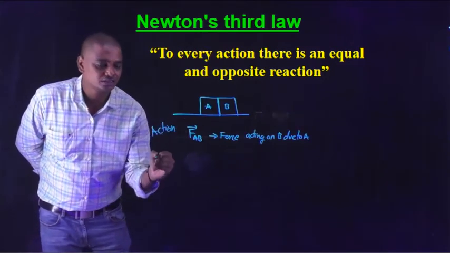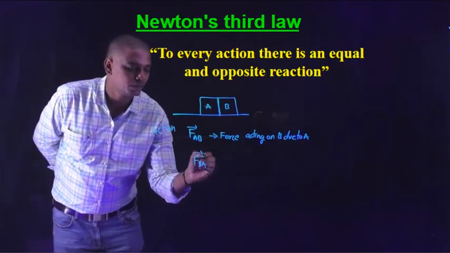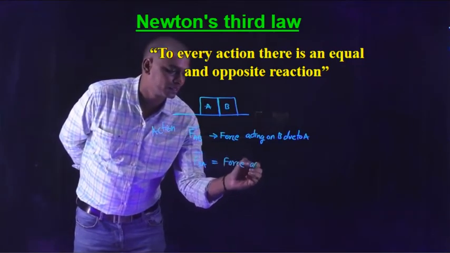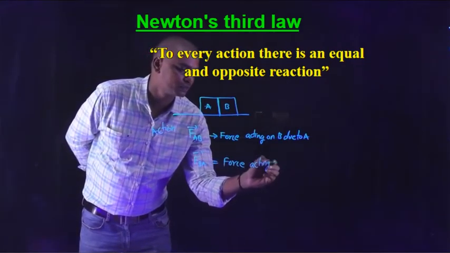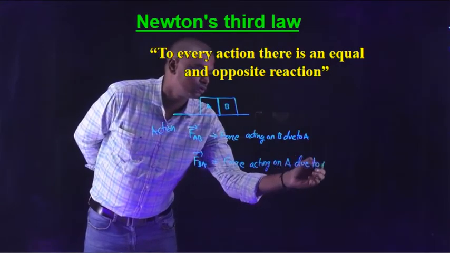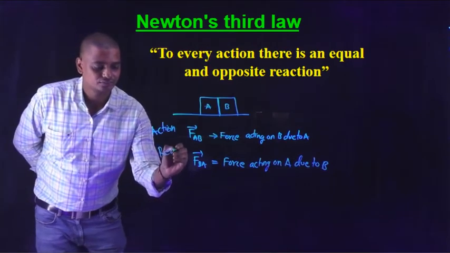So the reaction is F_BA. So F_BA vector is the force acting on block A due to the block B. It is the reaction.